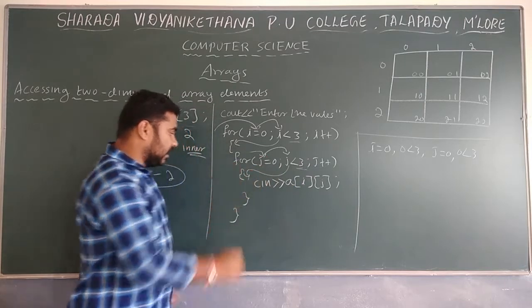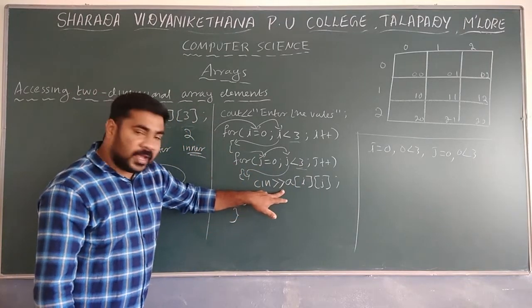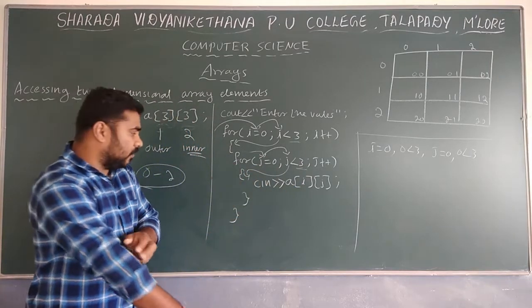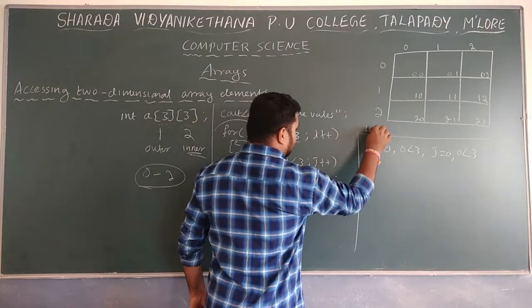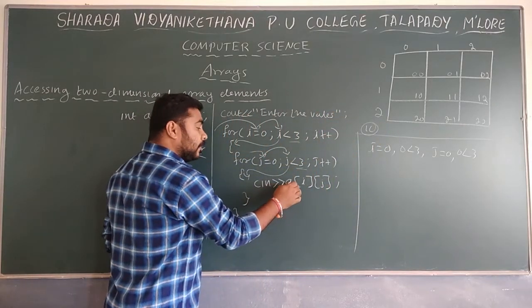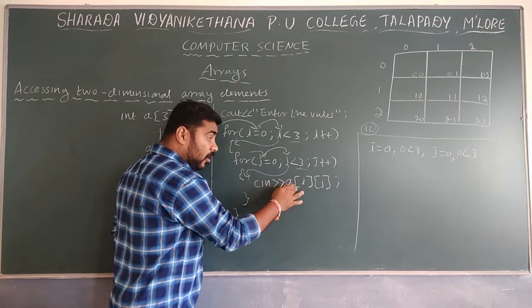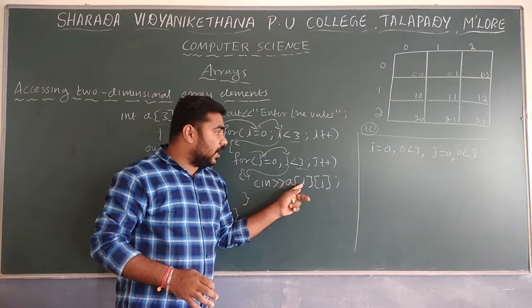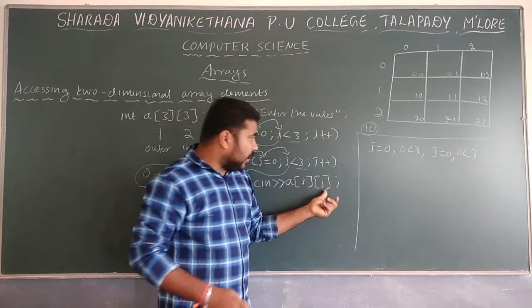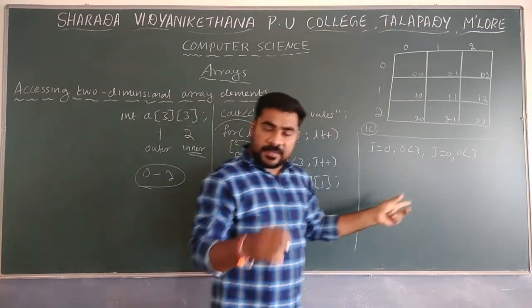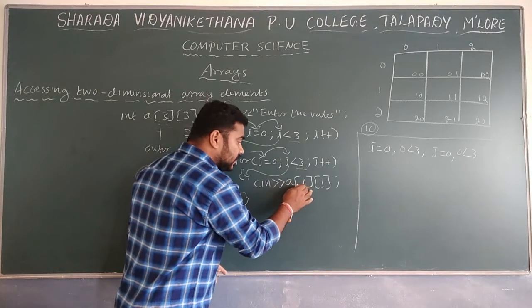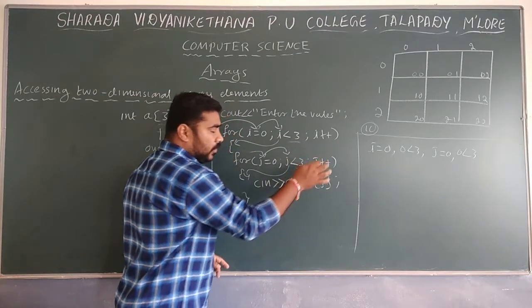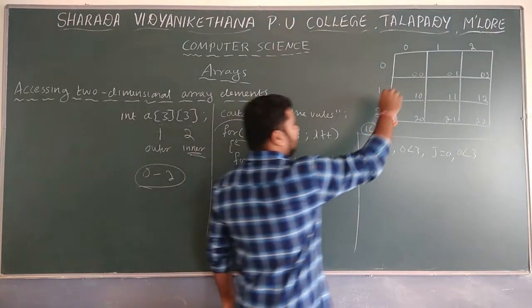Once it enters inside, cin of A, enter one value. For example, if you enter the value 10, that is stored in A of i comma j. What is the value of i? The i value is 0 and the j value is also 0. So the data will be stored in A of 0 0. If you enter 10, that will be stored here.